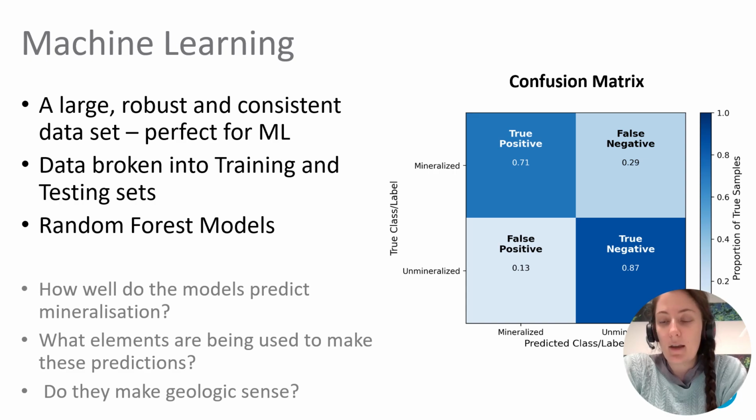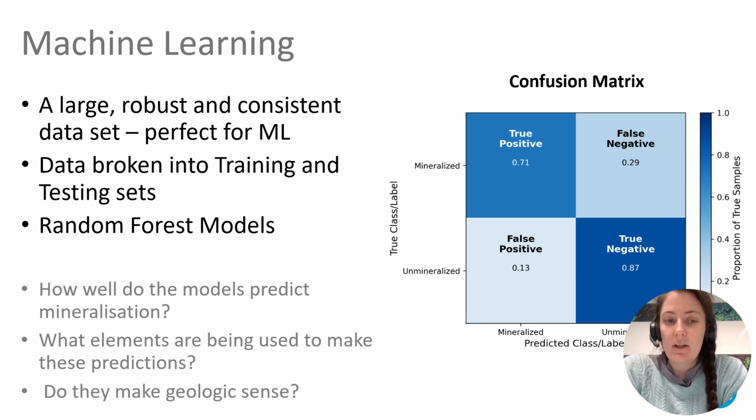If the model was 100% accurate, we would have ones in the diagonal dark blue, but you can see that we do have some false categorizing from the machine learning model as well. So this gives you an idea of how accurate the machine learning model is, and gives you an idea of whether or not you can expect some false negatives or some false positives when using these machine learning models.